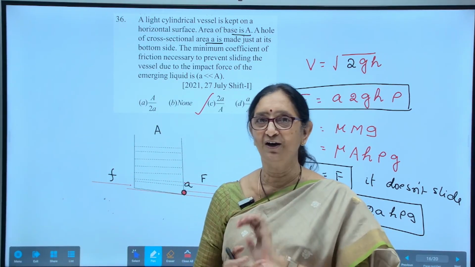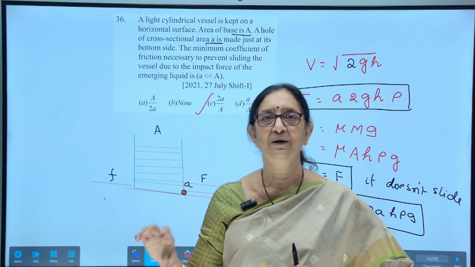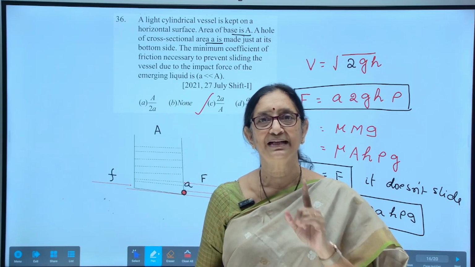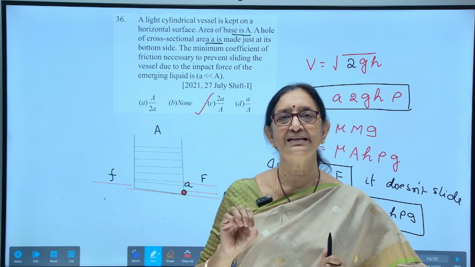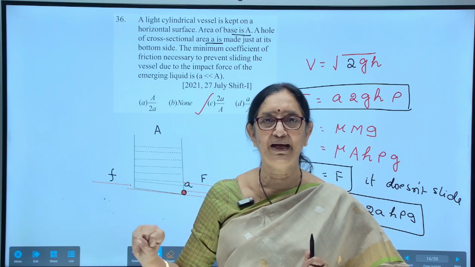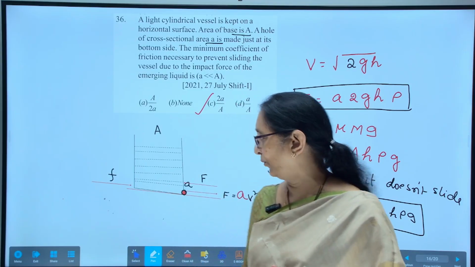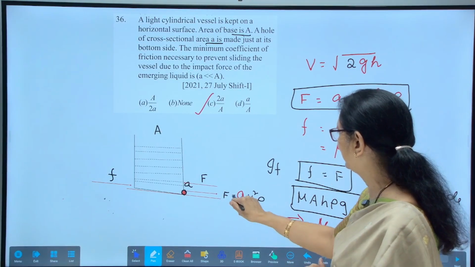See here, in laws of motion, when water is ejected out of a hole, the force with which it comes out is A v square rho, isn't it? When a water jet is ejected out of a hose pipe, the force with which it comes out is A v square rho. So, that is the force with which the water jet is ejected out.